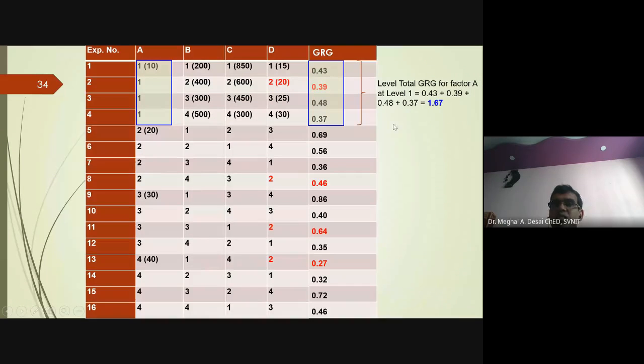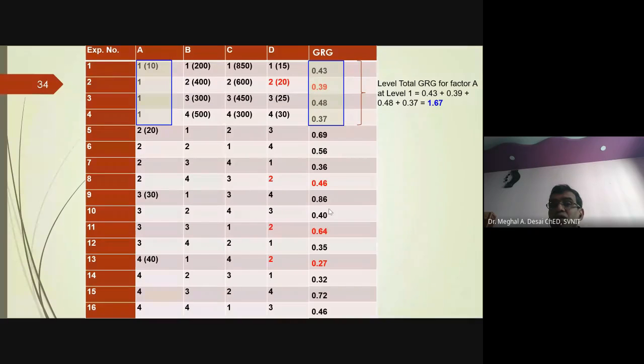The reason is, when we are finding the level total for factor A, the first 4 experiments are for level 1, then the next 4 for level 2, then 9 to 12 for level 3, and so forth.